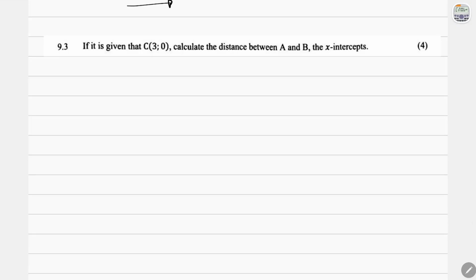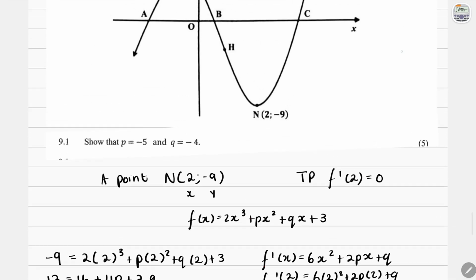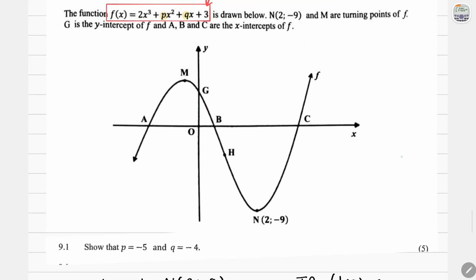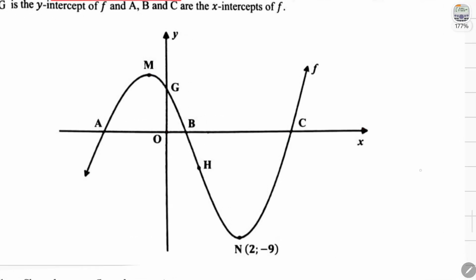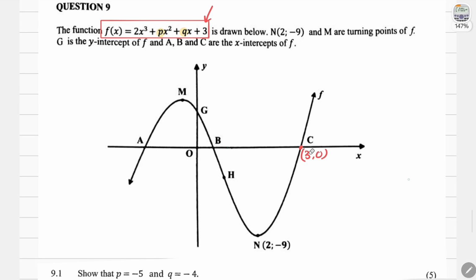Question 9.3 says, if it is given that C is (3, 0), calculate the distance between A and B. So find the distance between A and B, the x-intercepts. And they gave us C, which is another x-intercept. So if this is (3, 0), why did they give us this?